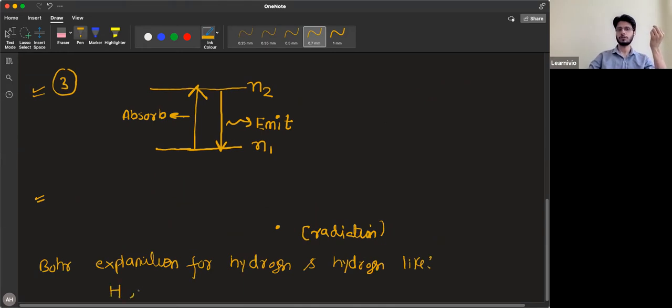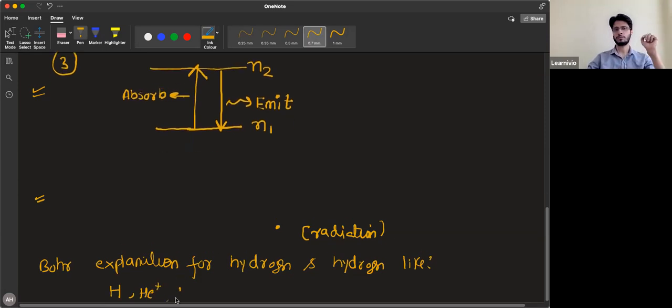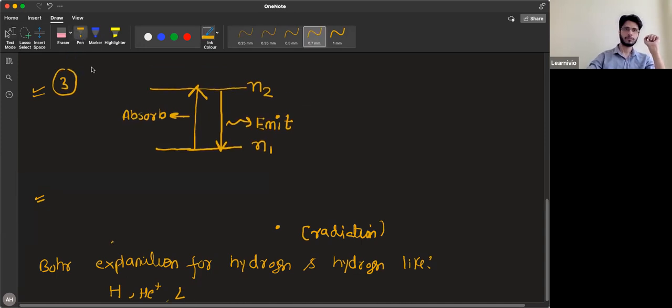So it could be hydrogen, it could be helium plus, lithium 2 plus, or beryllium 3 plus. So Bohr's model is valid for these atoms. It's not valid for any other atom.